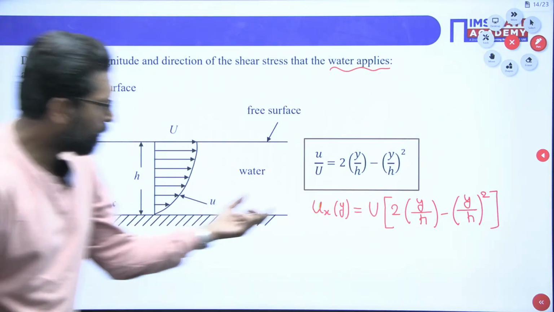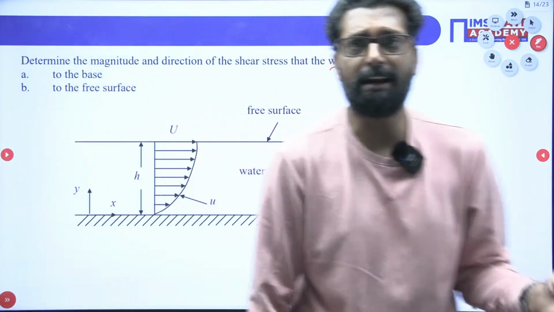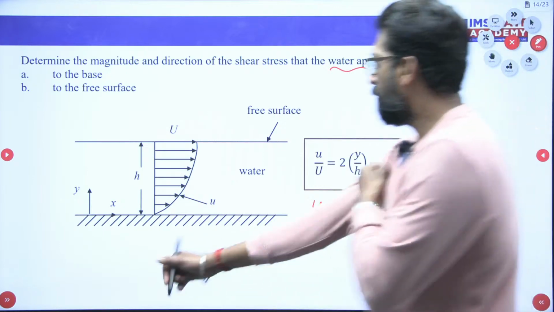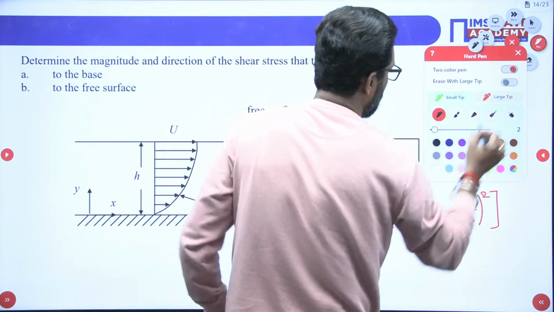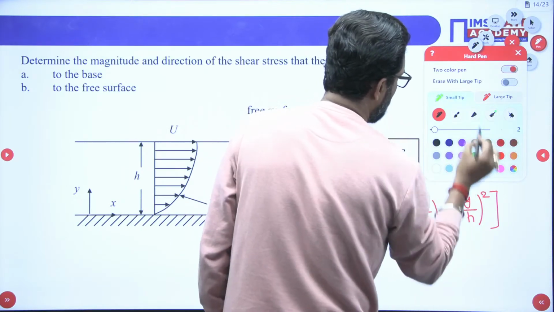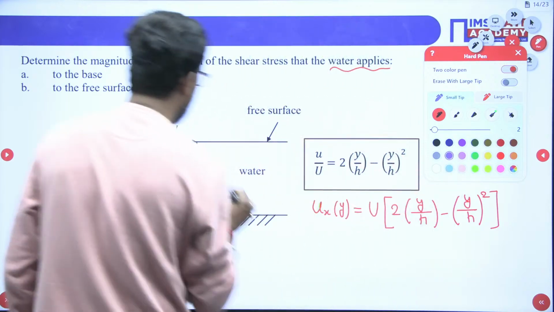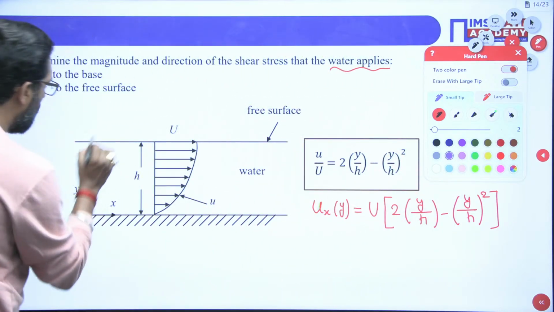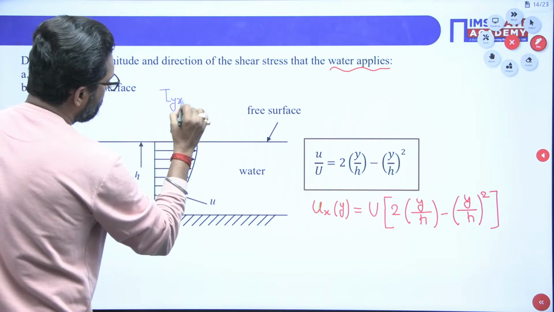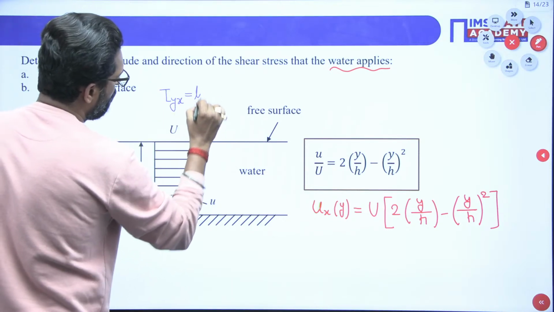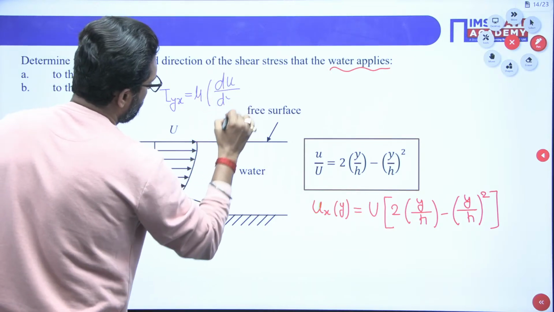Now this is your velocity profile. Once you have a velocity profile, it is very easy to calculate the shear stress. The shear stress variation is in the y direction. That means tau yx is equal to mu du over dy.